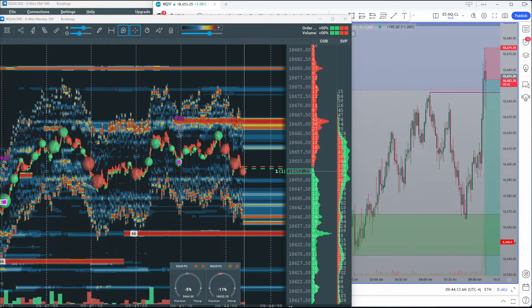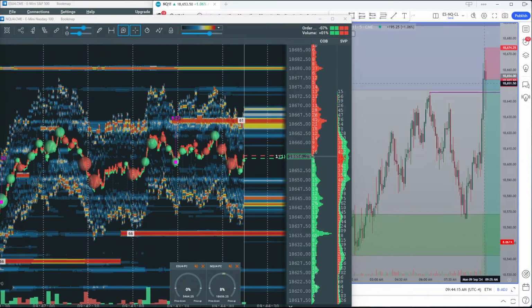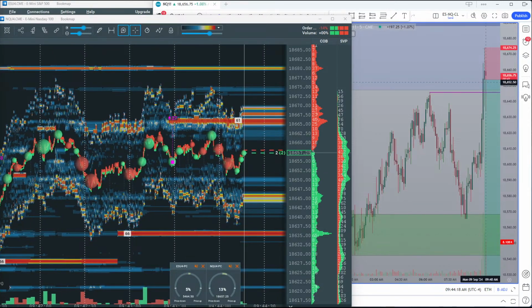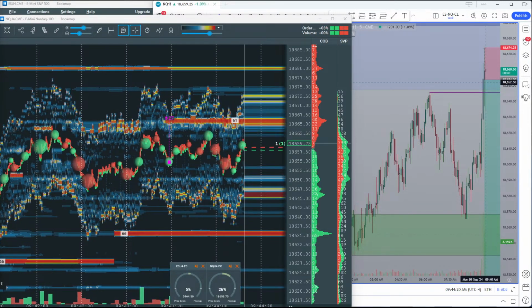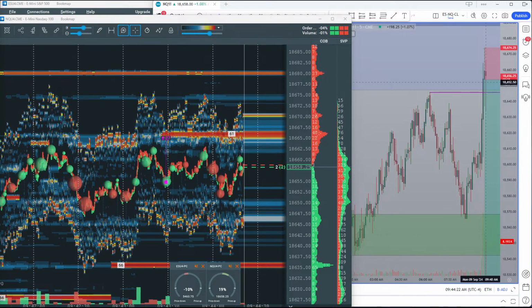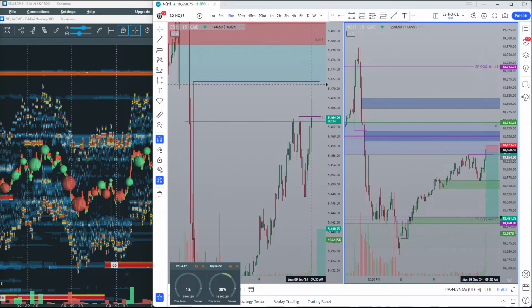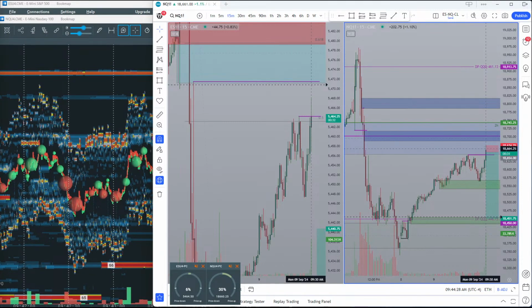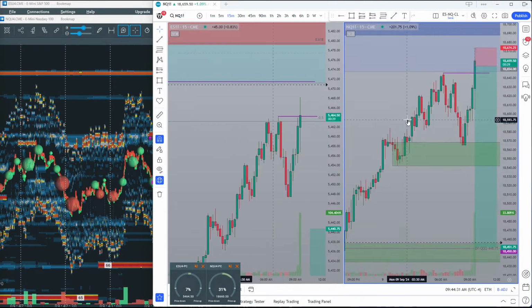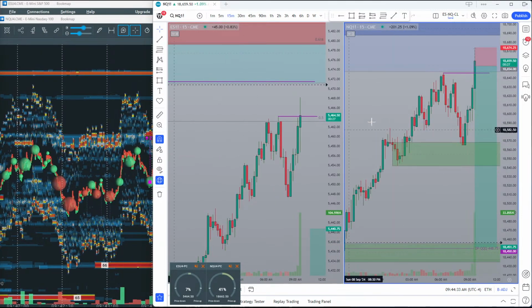Let's see. I'll let that 15 close. 15's looking bullish again, so we've got to be careful with that.